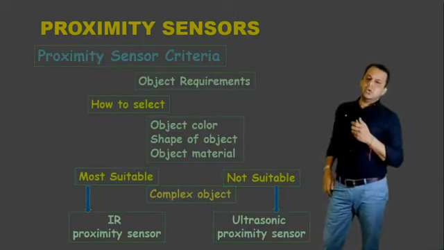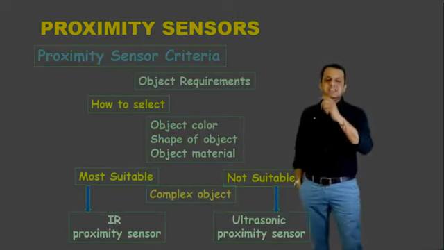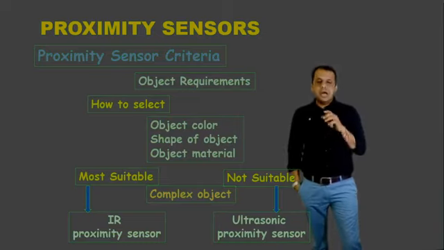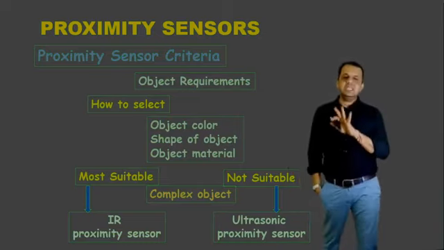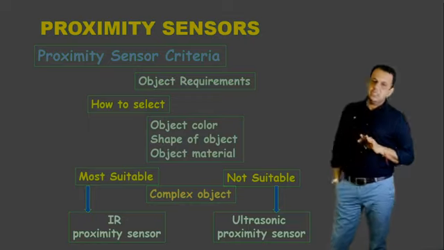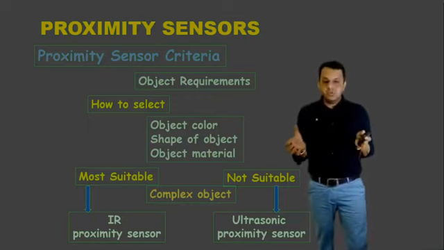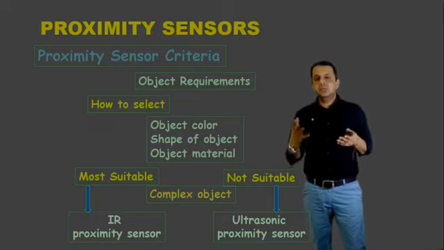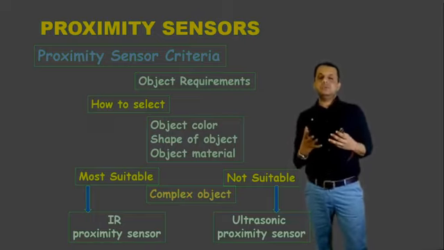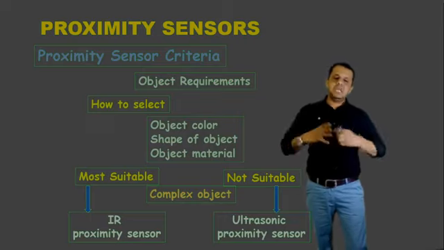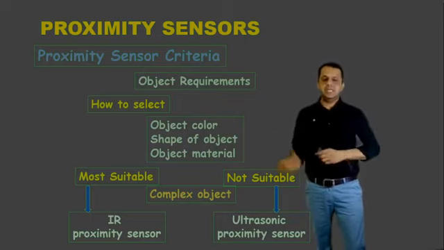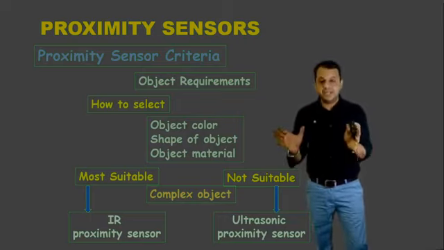So let us go with the sensor criteria first of all. How to select a proximity sensor? First is the object required. What kind of object we are using will decide the choice of the sensor. Basically, we say complex objects, having color and different shapes and different kinds of material.